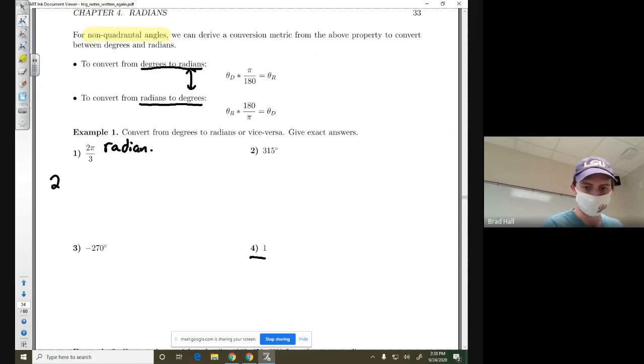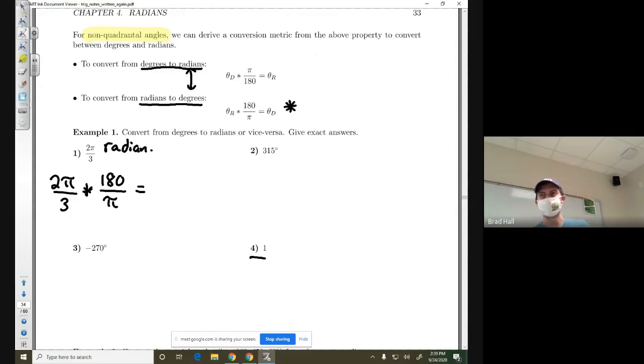So what do we do? We take the radian. We want to multiply it by 180 divided by pi, and we'll get a new number. Now, it's convenient. Like I said, I don't like to consider the pi's. In this case, the pi's cancel, so that makes it even better.